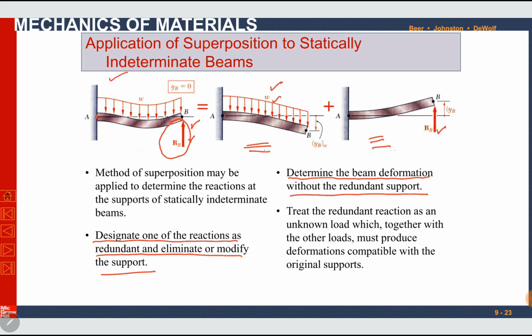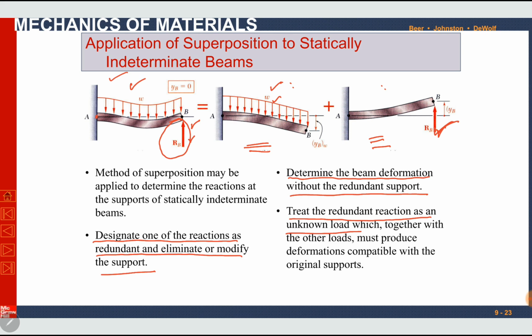Then in the next stage, treat the redundant reaction as an unknown load, this one, which together with the other loads must produce deformation compatible with the original support. The sum of the deformation under these two loadings must be equal to the total deformation of the original beam.